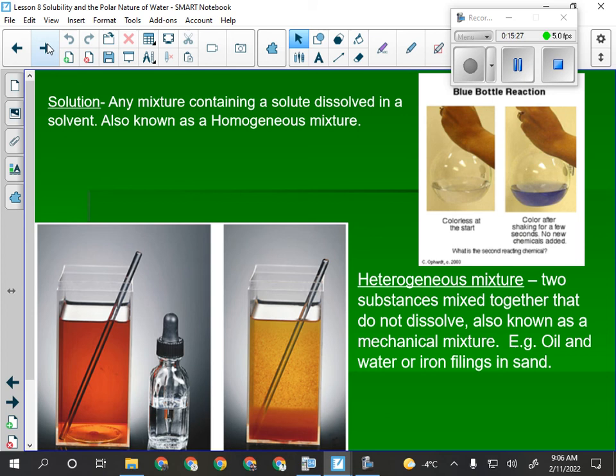Now, we know that not everything dissolves easily in water. If it did, we wouldn't need solvents. Solvents are the things that we add to water to make stuff dissolve better. So, for example, if your mom or dad says your shower is disgusting, please go clean it, and you go in there and there's a layer of soap scum this thick, you're looking at it and going, well, water is not going to get rid of that on its own, otherwise you could just turn on the shower and it would disappear.